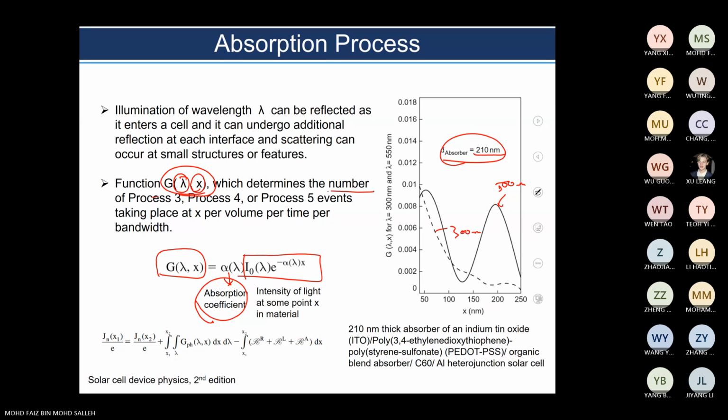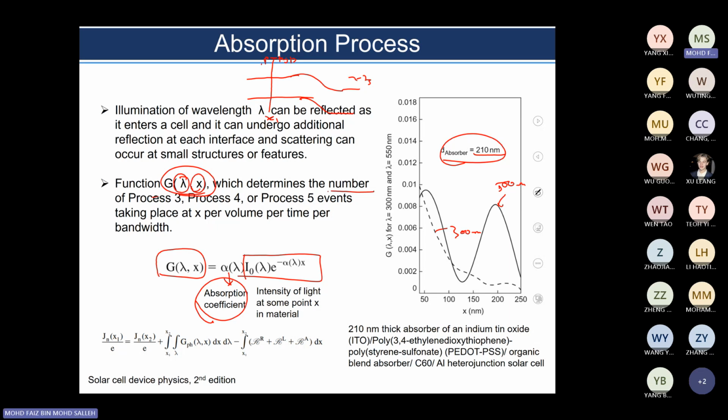Okay, recall back, if you have a PN junction, and at one point, for example, this is inside the P-type, and then you have the N-type, right? At X1, for example, if you recall when you learned about the PN junction, the current must be the same. You cannot have a different current.